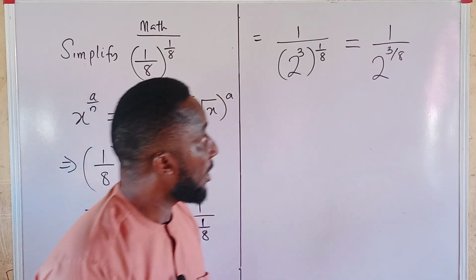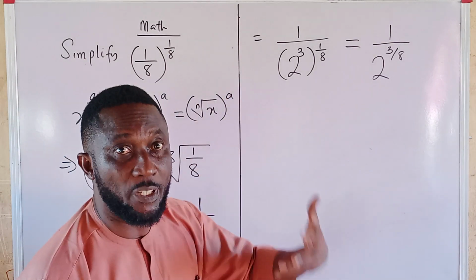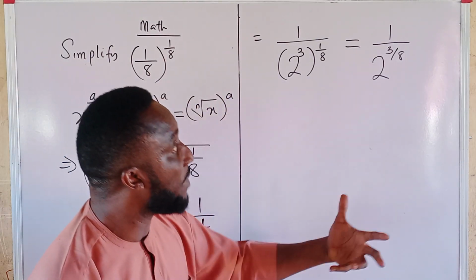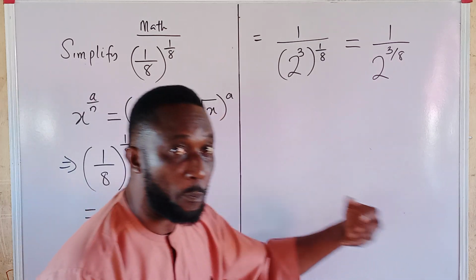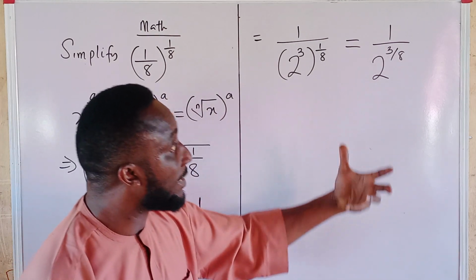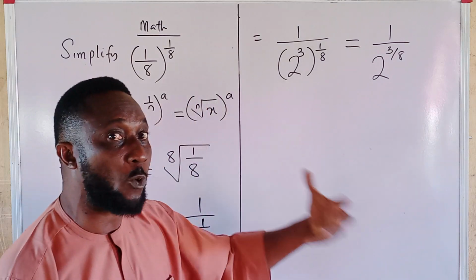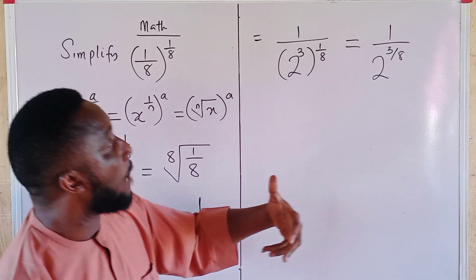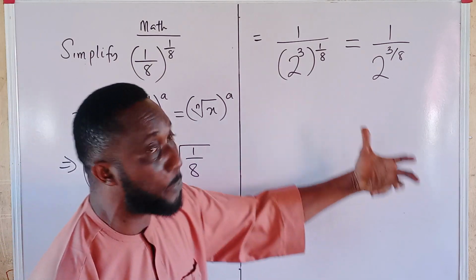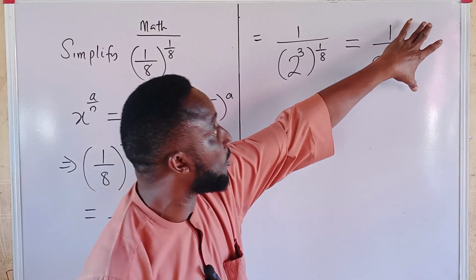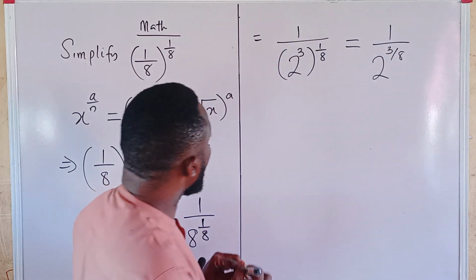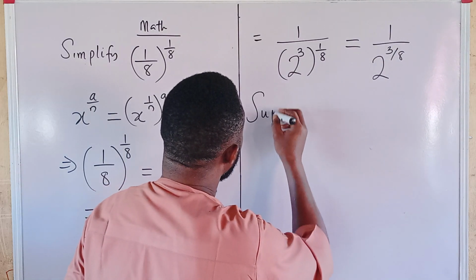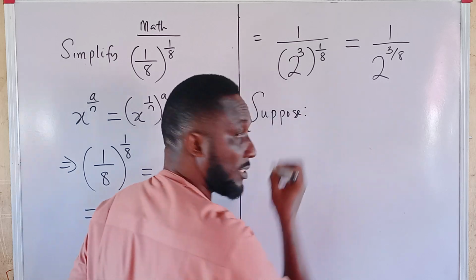So this is why an Ivy League entrance exam remains an Ivy League entrance exam, because of the technical nature of the problem, which requires critical thinking. Now, I am also going to use a mathematical supposition to be able to rationalize this radical. I've done a video on this.